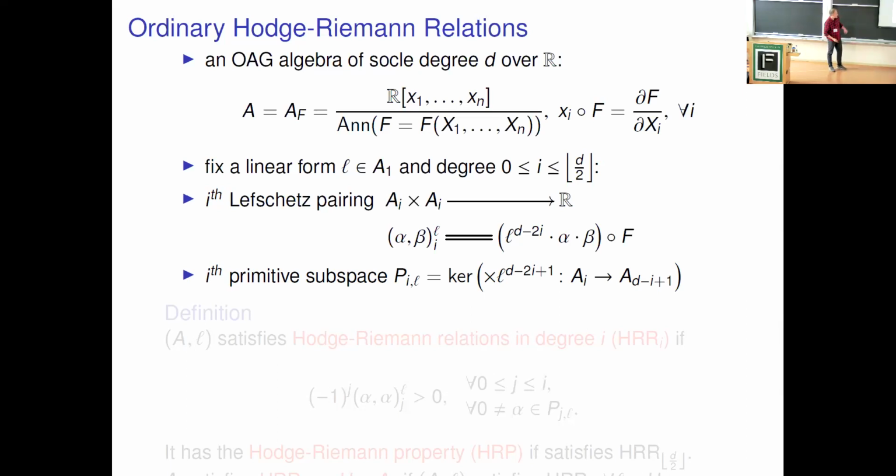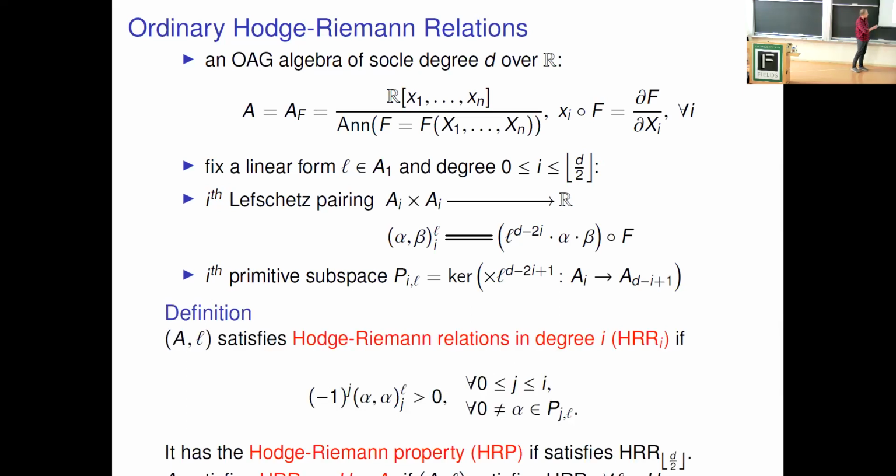I'll explain this with a picture in a minute, but with these definitions, I can say what it means for the pair A and L to satisfy the Hodge-Riemann relations in degree i. I'll abbreviate it HRR_i. It means that for any degree j up to i, the jth Lefschetz pairing should be (-1)^j definite on the jth primitive space.